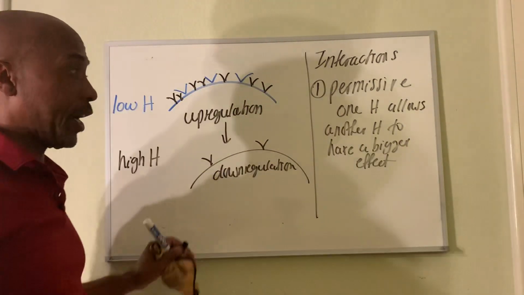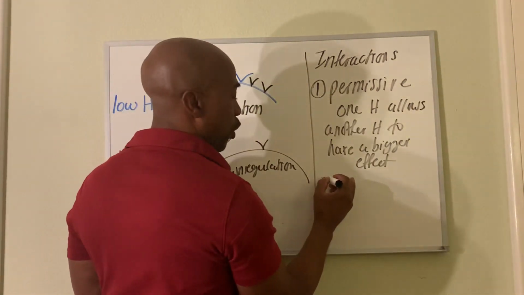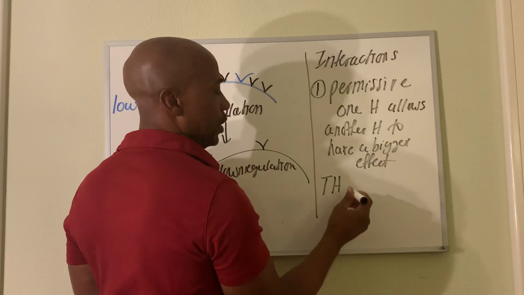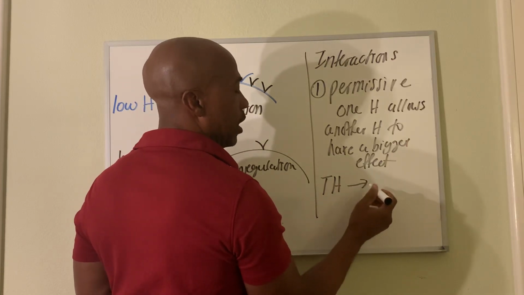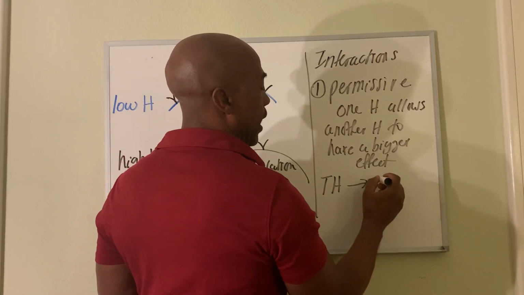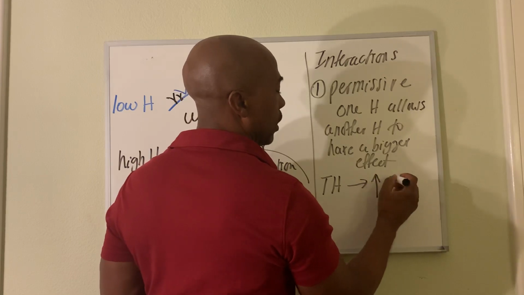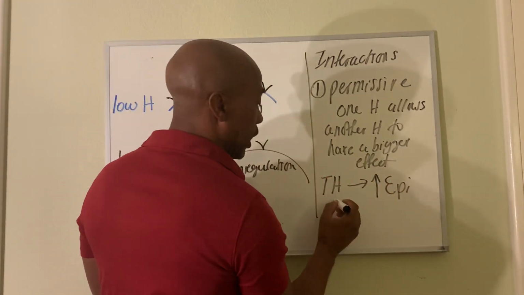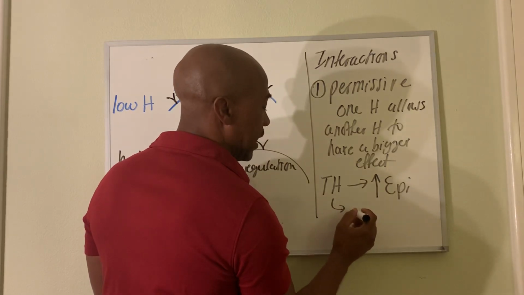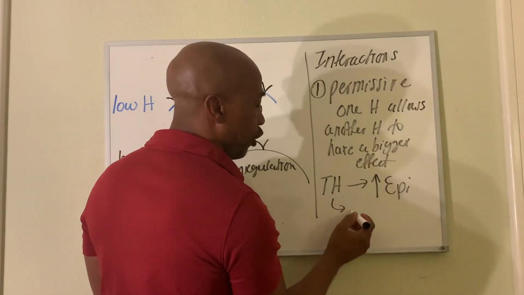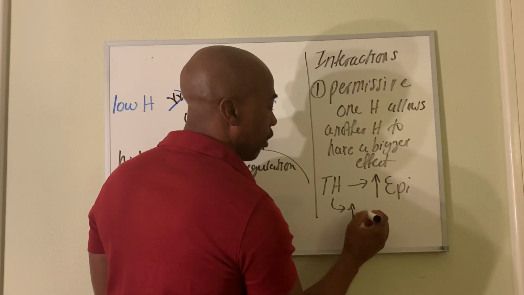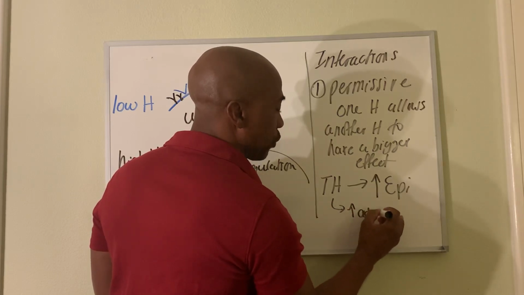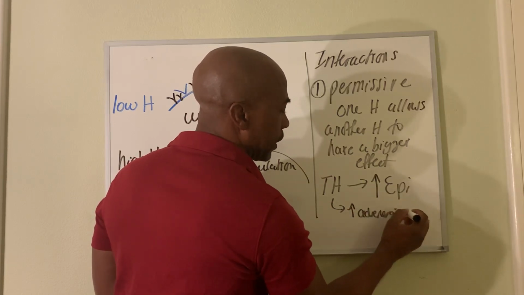For example here, thyroid hormone usually causes epinephrine to have a bigger effect, because thyroid hormone causes the increased expression of your adrenergic receptors.